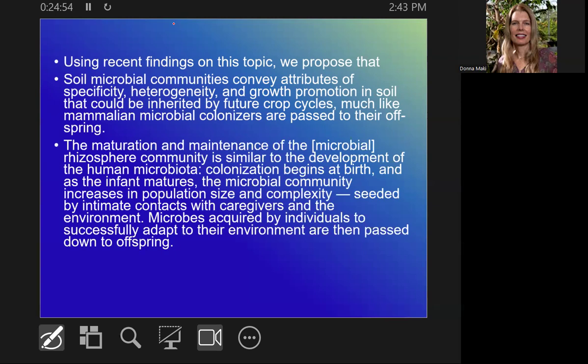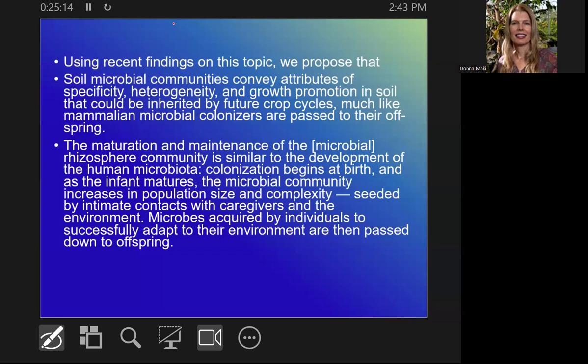They're saying that this mixture of the microbes in the rhizosphere is very similar to what's going on as the human microbiome is developing from childhood into adulthood. And so they're making that parallel thought between those two.